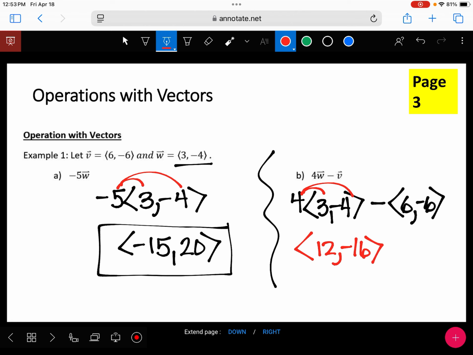And then what I like to do whenever it's subtraction is distribute a negative and change it to addition. So I'm going to change this to addition and multiply -1 times 6 and -1 times -6.